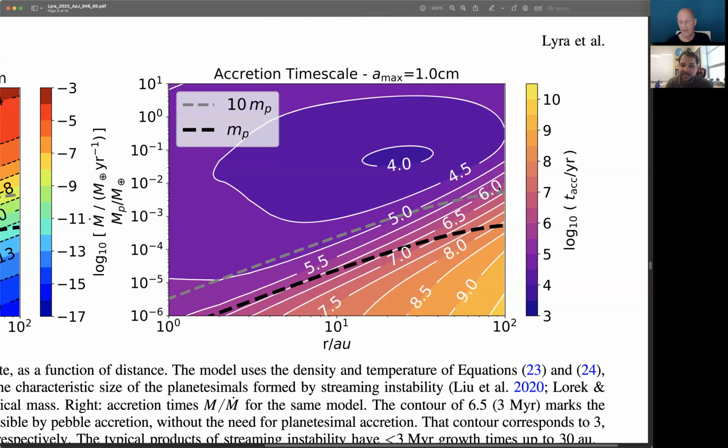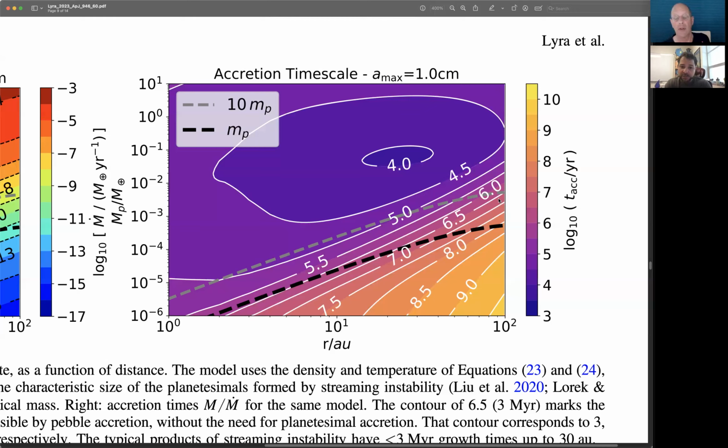So when this contour line of 6 meets these dashed lines, that's when you can have million-year accretion timescales on top of the bodies that are formed by streaming instability. So what is the conclusion from this plot? The typical planetesimals have million-year timescales up to 10 AU if they're formed within 10 AU.